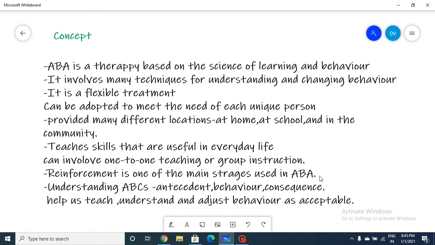Next comes the concept. So what is the concept? Here, it is a therapy based on the science of learning and behavior. It involves many techniques for understanding and changing behavior. It is a flexible treatment that can be adapted to meet the needs of each unique person. Meaning, every person is unique.